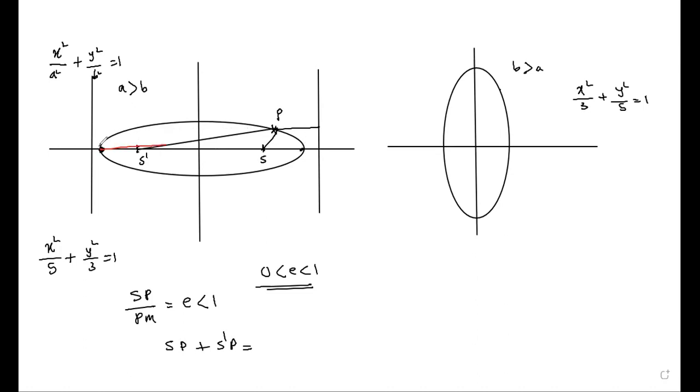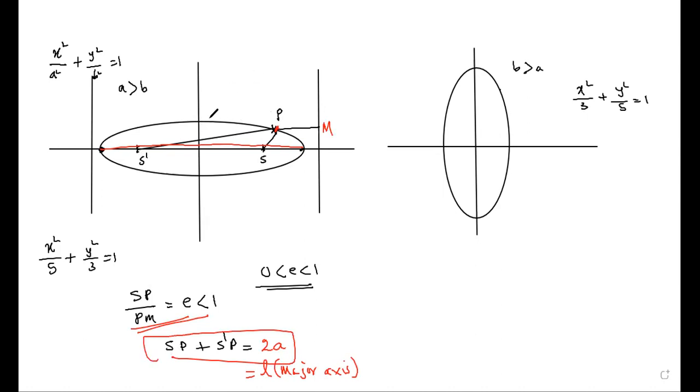This red color distance which I'm drawing will be SP plus S dash P, the length of the major axis. This I don't think I explained to you last time. So the two definitions of an ellipse are: one is SP upon PM is a constant, another is SP plus S dash P is 2a. This P stands for any point on the ellipse.